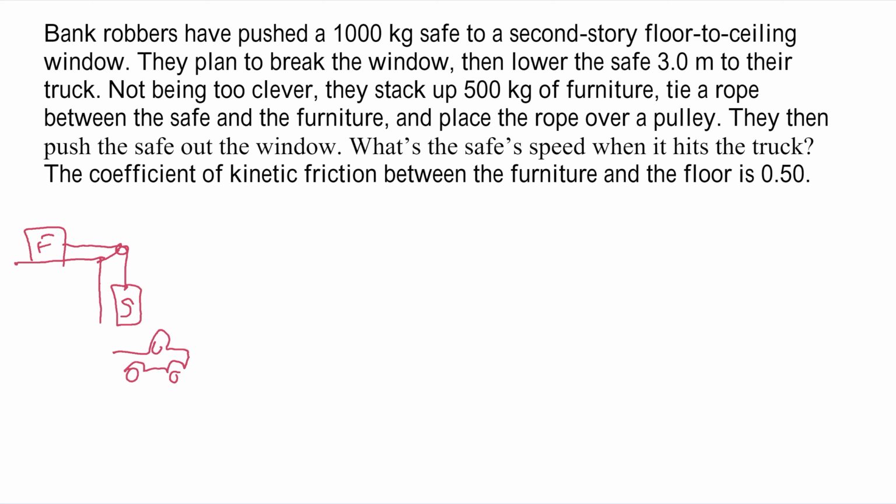What do we know is going on here? That safe is going to crush the truck, probably. But this is a 1942 Ford, so maybe they were built well back then. So down, we're going to have an acceleration here for sure.